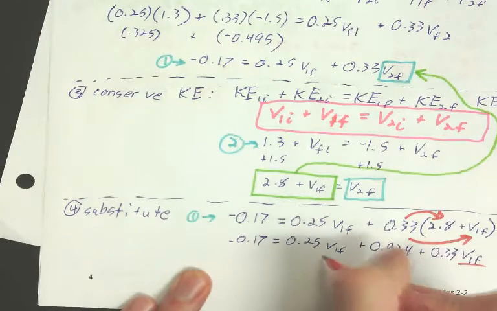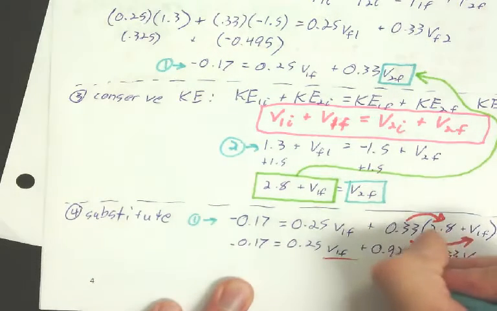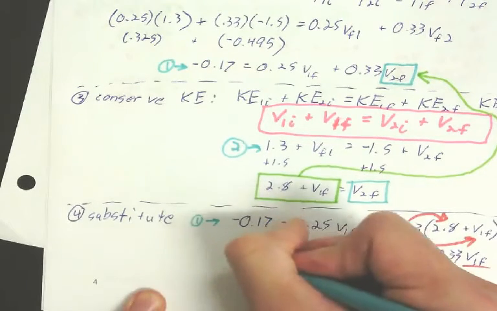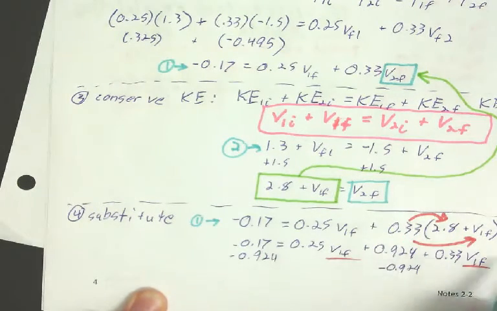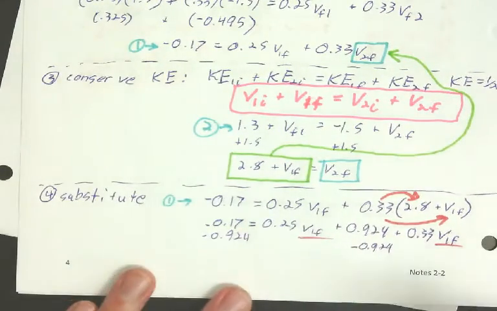V1 final, V1 final. These we can combine together. So let's get all the things together. Let's get all the numbers to the other side. Minus 0.924, minus 0.924. Let's combine the two V1 finals. When I do that, I get the following.